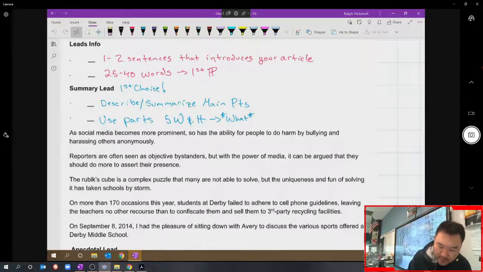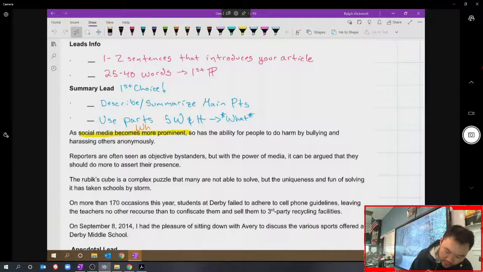So let me give you some examples that kind of outline this process. The first example, right at the top: as social media becomes more prominent, so has the ability for people to do harm by bullying and harassing others anonymously. So very well written summary lead, 1 sentence, but you can see I'm going to highlight the main parts that you should recognize. This is our what.